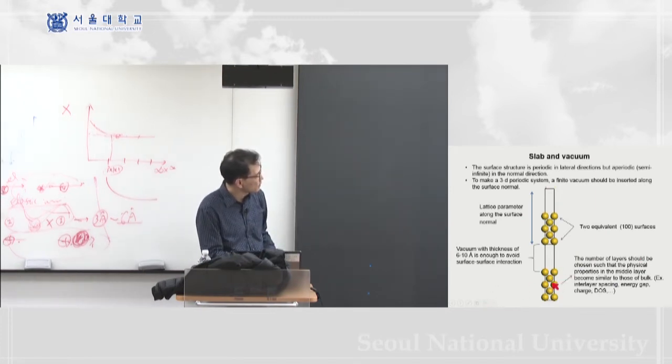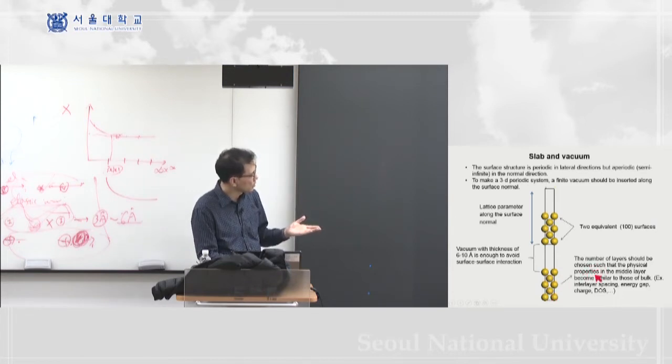So the number of layers should be chosen such that the physical properties in the middle layer, like lattice spacing, or electronic properties like the energy gap or density of states, are similar to the bulk structure.